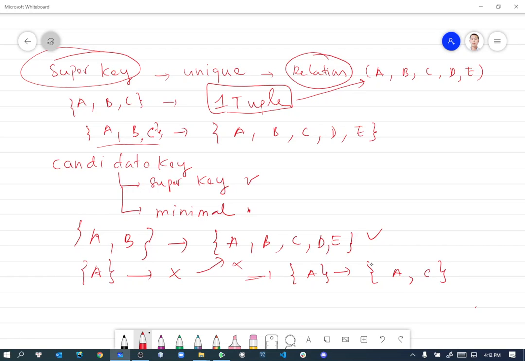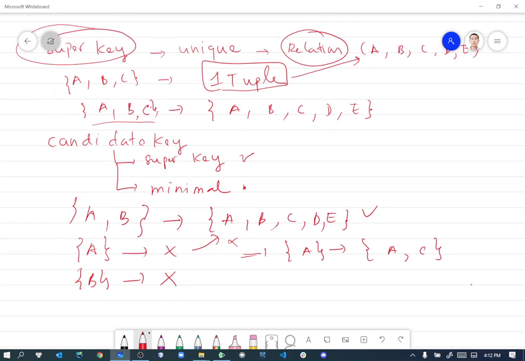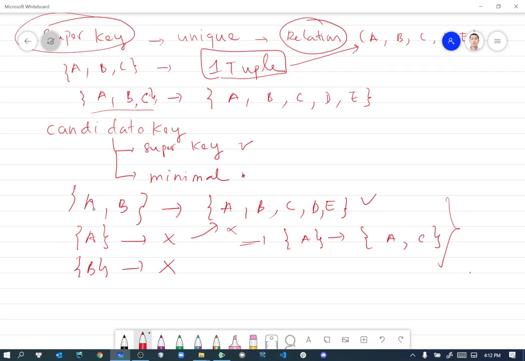It means that it doesn't determine everything. So A is not a super key. Now if you drop A, you have B. Let's say you find out that B does not determine everything either. So these two mean that A and B is minimal, because if you drop one of them, it fails to become the super key. It fails to become the key. So if A and B is minimal, then it is a candidate key.